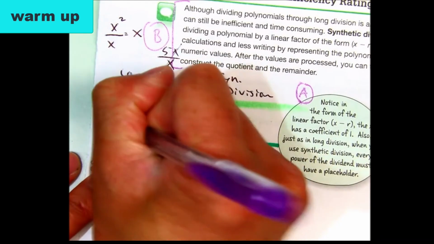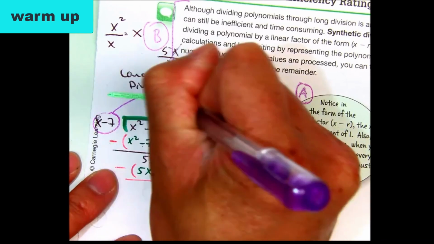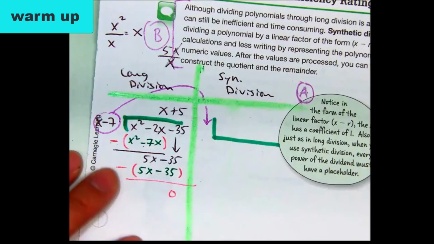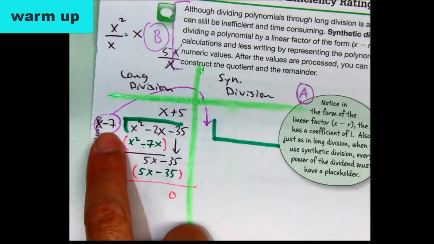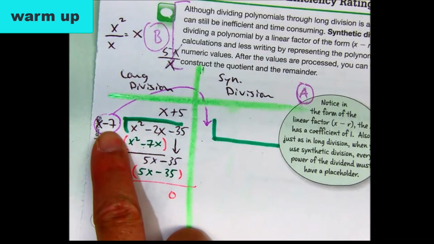Now we're going to do something called synthetic division. Put your pencils down and watch. Dylan, watch. Alright. Instead of putting x minus 7, if I asked you a question, if I set this equal to 0, what does x equal?